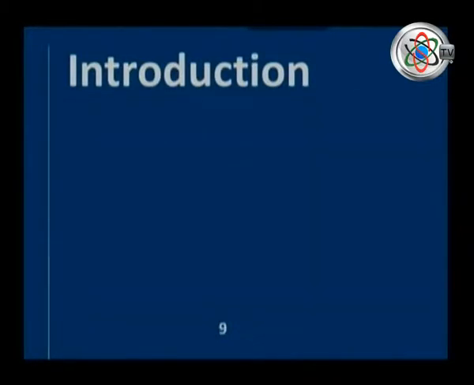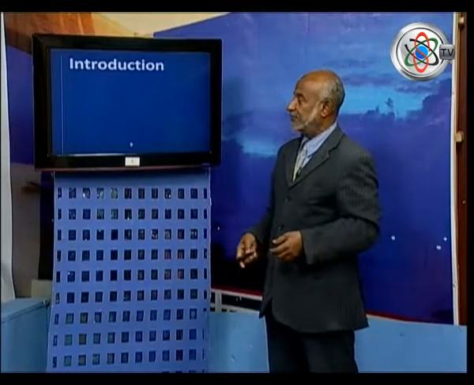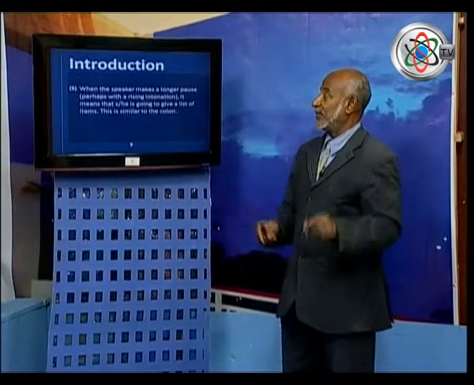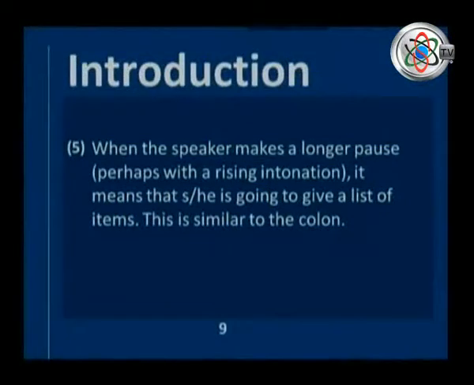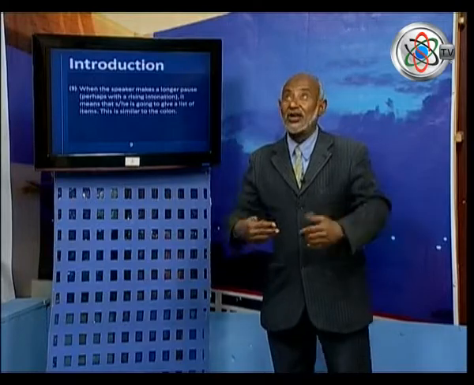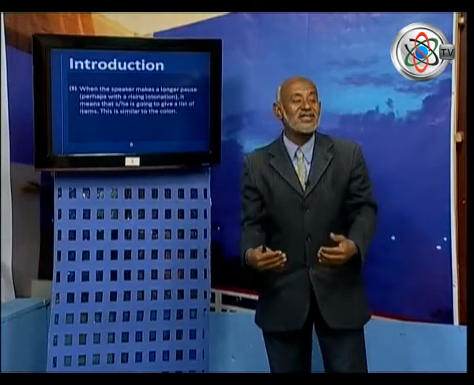So let us have the next point, which is number 5. When the speaker makes a longer pause, perhaps with a rising intonation and then a falling intonation, we have 2 kinds of intonation in English: rising intonation when you ask a question, falling intonation when you answer the question.